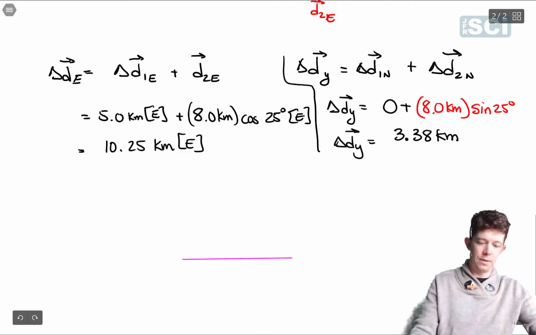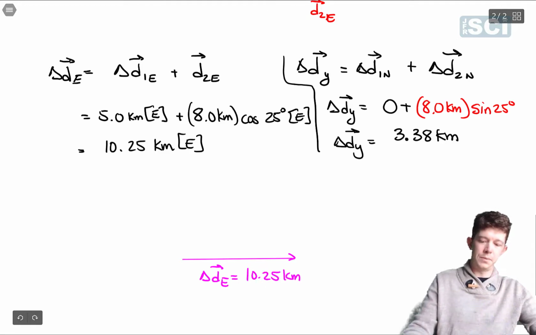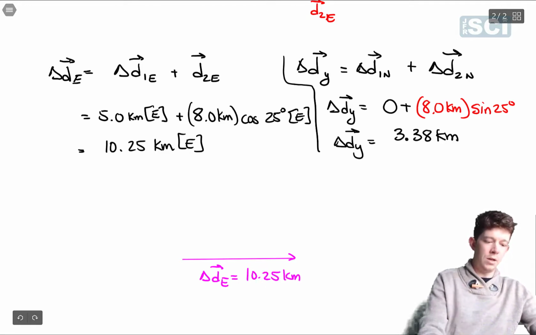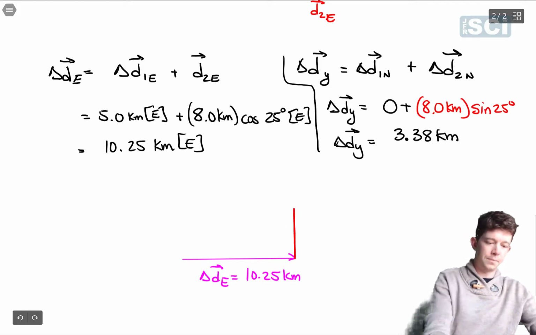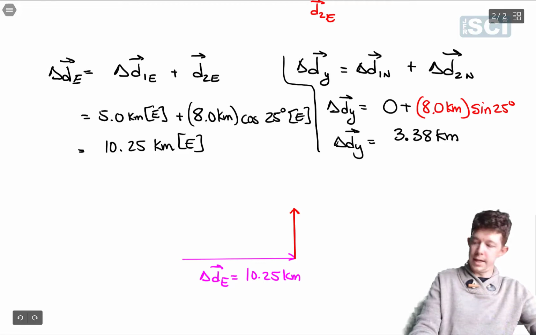So now I actually determined the resultant east direction vector to be 10.25. So delta d in the east direction is 10.25 kilometers. And I know the change in the y direction is actually 3.38 kilometers, and that's my delta dy, or sorry, north.